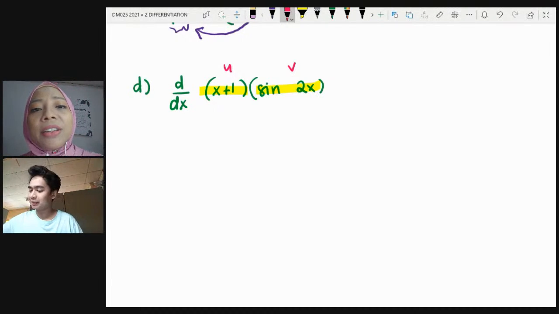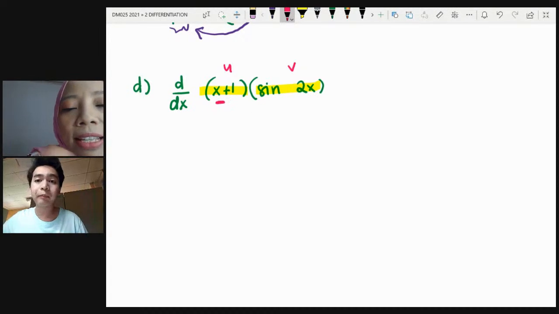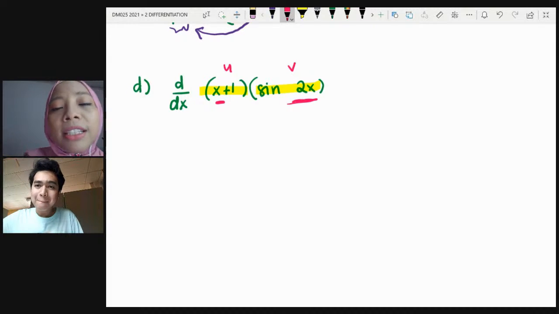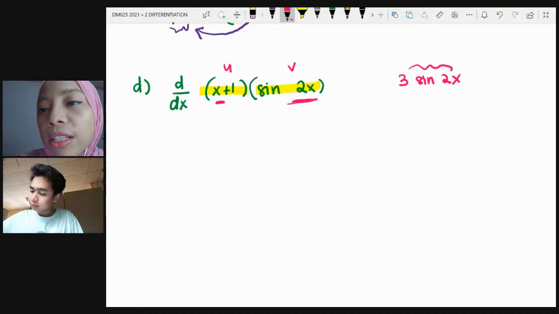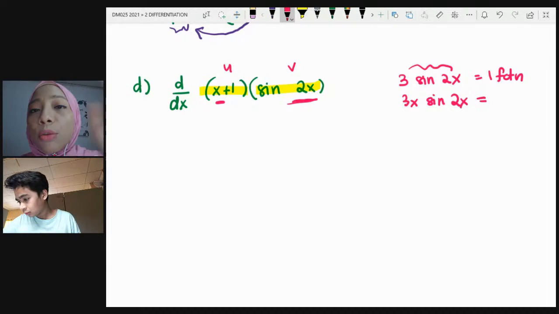Exactly. Of course, because here we have x in the first term, and then in the second term we also have x. We don't say that this is two functions. This is one function. But once we have 3x sine 2x, we are no longer having one function.